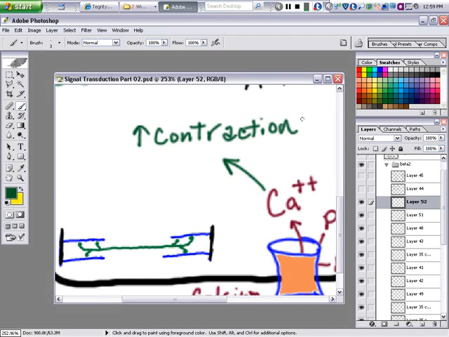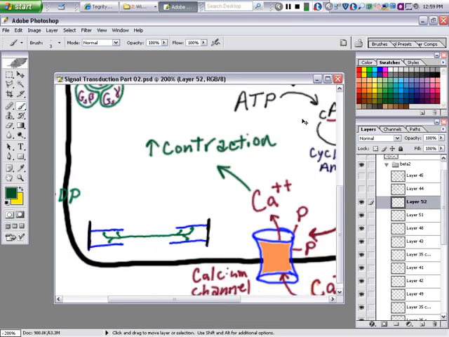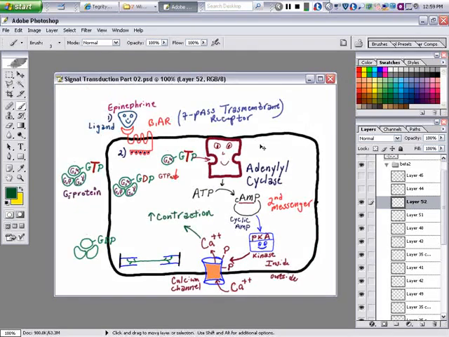Okay? And we'll talk about the exact mechanism for that in more detail later on, but I want to talk about something else first. Now, adenylyl cyclase. Adenylyl cyclase here. There it is.